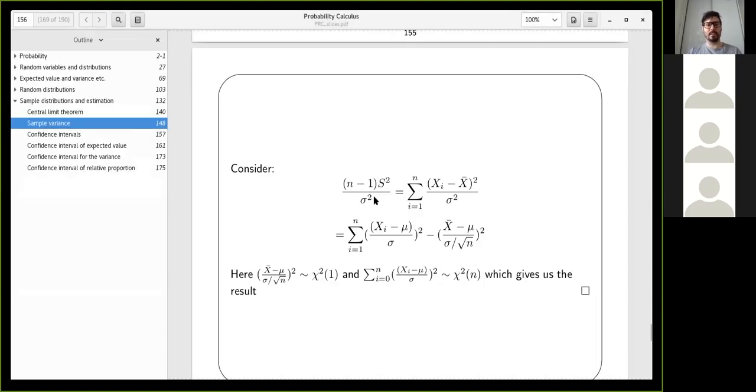And now we can see what happens. Okay, so if we calculate this, we can separate this into two parts. There is xi minus mu plus mu minus x bar.